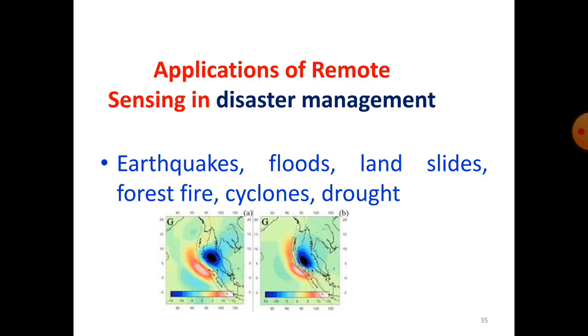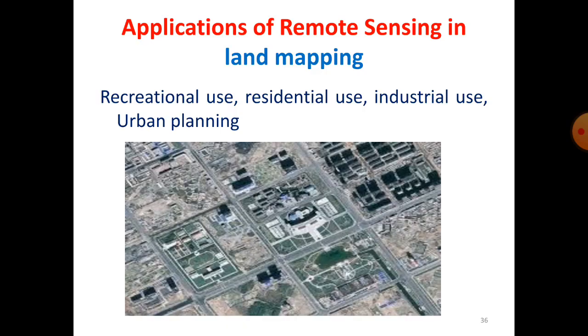Disaster management includes earthquakes, floods, landslides, forest fires, cyclones, and drought; the devastations of all these disasters can easily be identified by remote sensing technology. Here is a picture which shows the intensity of an earthquake that takes place in the deeper earth crust.